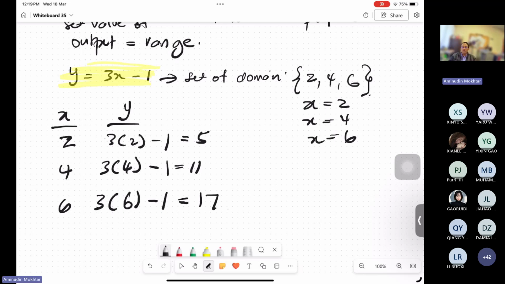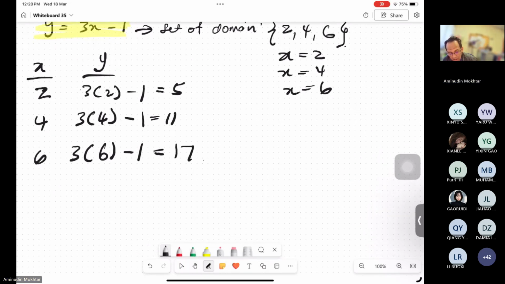That's how to find the domain and range. So we have a set of x, and now we have a set of y. The values of y are 5, 11, and 17.